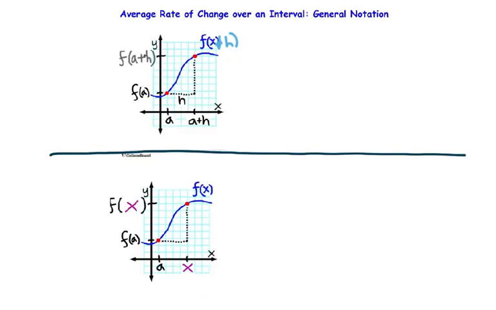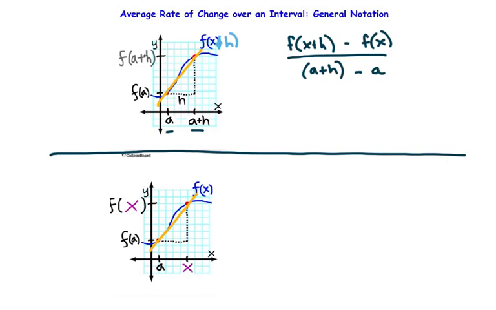Okay, so let's set up average rate of change equations showing how we would find the slope of the secant lines for both of these graphs. That would be the average rate of change. So for the top one, it would be change in y, so f of a plus h minus f of a, all over a plus h minus a, and we can cancel out the a's if you want to.